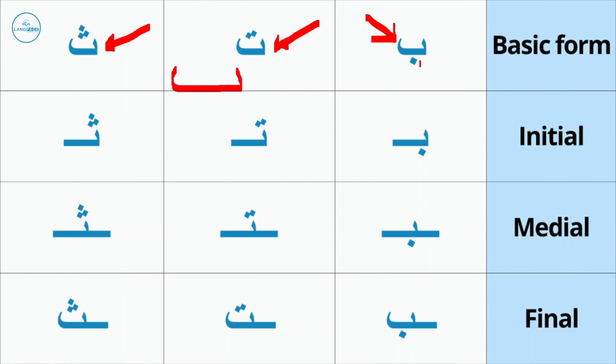For example, ba is having 1 dot below. Ta is having 2 dots above. And tha is having 3 dots above. That's why they are sharing the same slide, because they are having the similarity in the shape and even in the same way of writing.